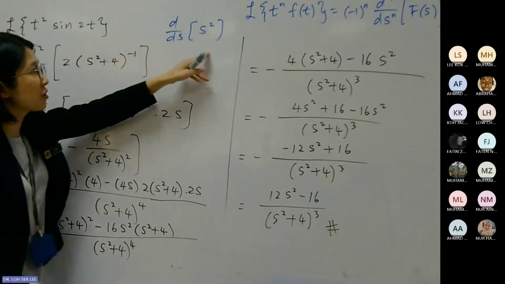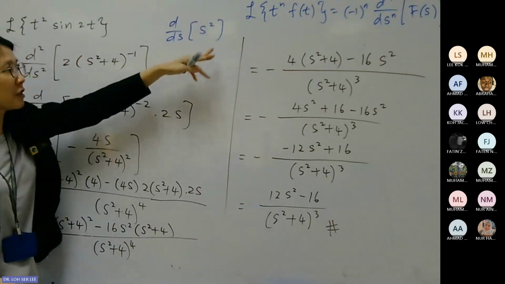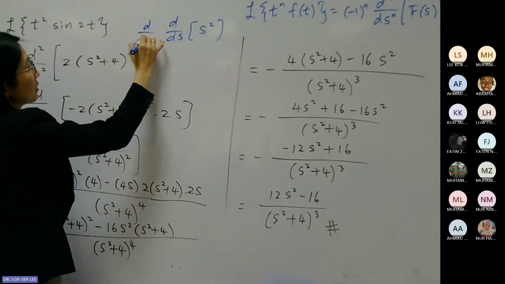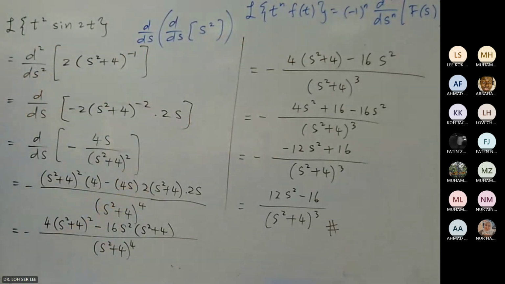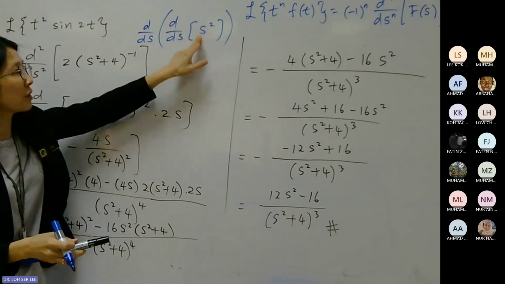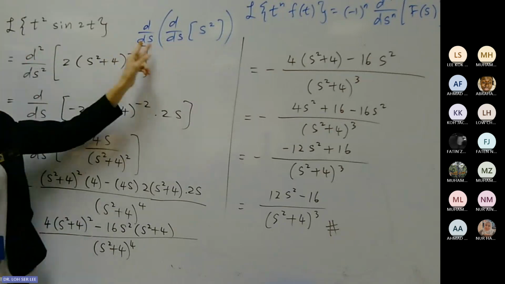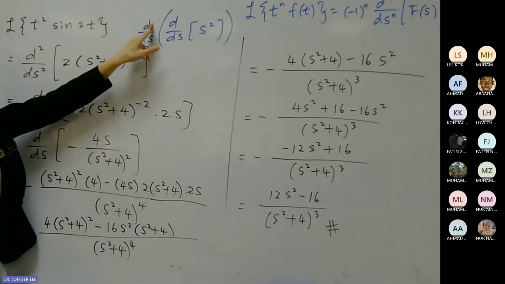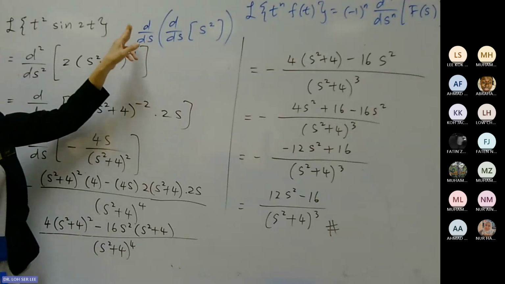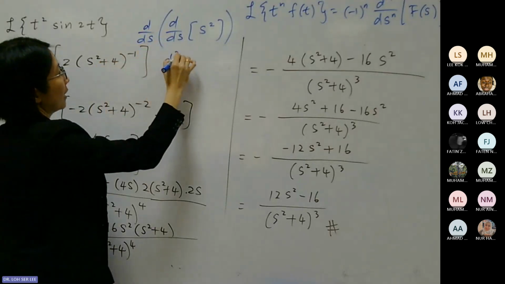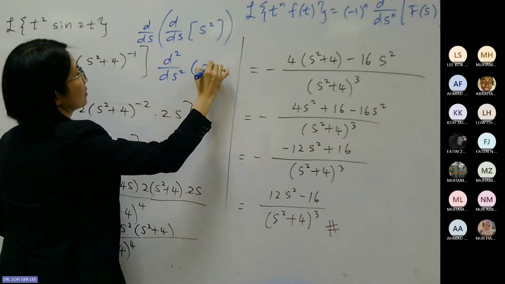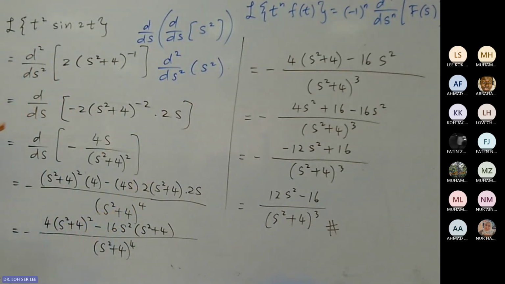After you differentiate, this is the answer, right? If you want to differentiate one more time, meaning d over ds for this whole function, this one differentiated one time with respect to s gives this output. Then if we want to differentiate this output one more time with respect to s, we differentiate this whole thing with respect to s. In short, we are differentiating this one twice. Any more questions?